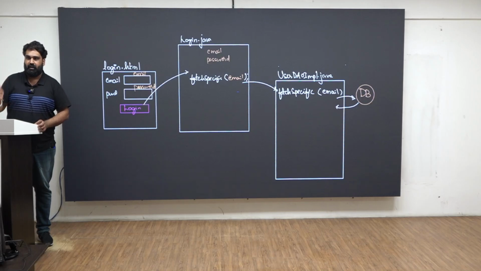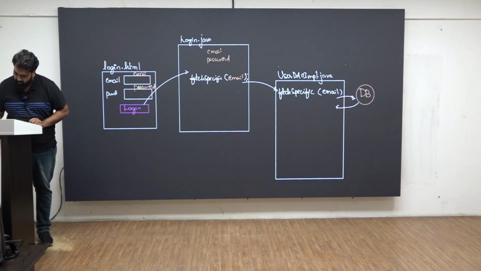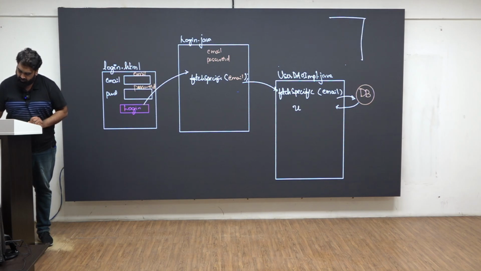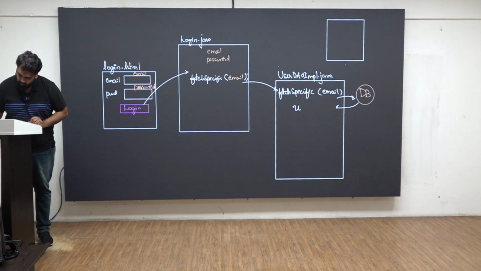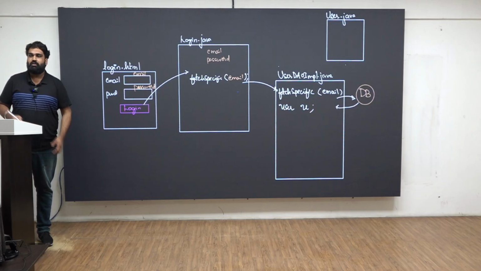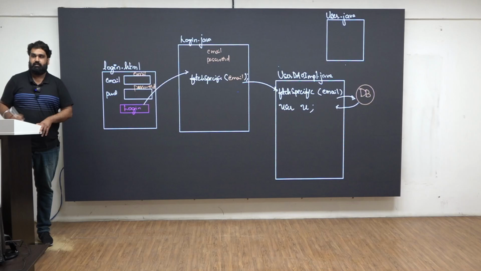If you remember, I took all that data, I created one object of user. So you have one user object. What is this U? U is of type user class. So user.java, I will have one user type U. Now this user type U, if you remember the method, it would have returned it.